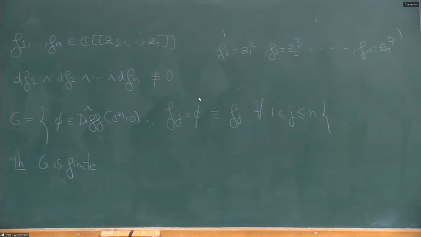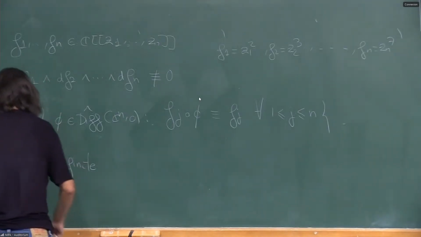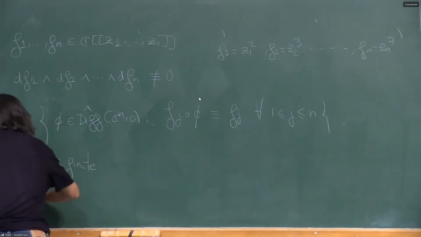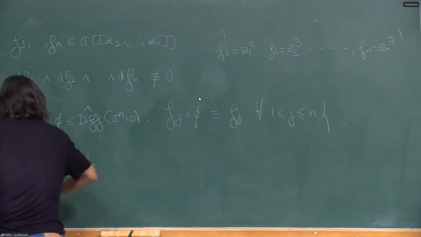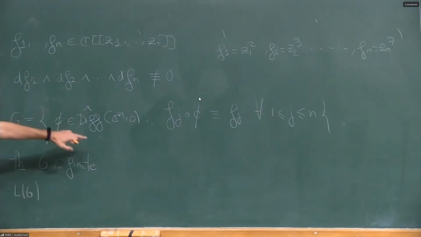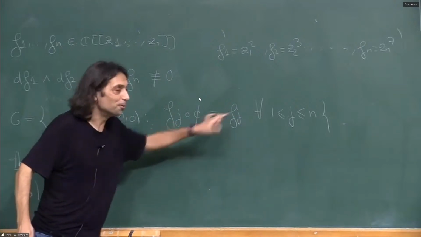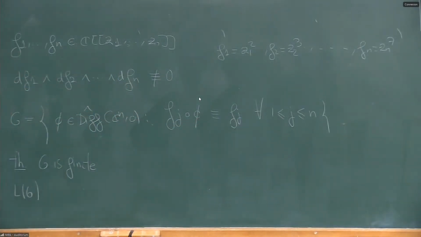And the proof is going to be very simple because the Lie algebra of this group, which is Zariski closed because it's given by the intersection of n Zariski closed groups, is going to be the intersection of the Lie algebras associated to every Fj.